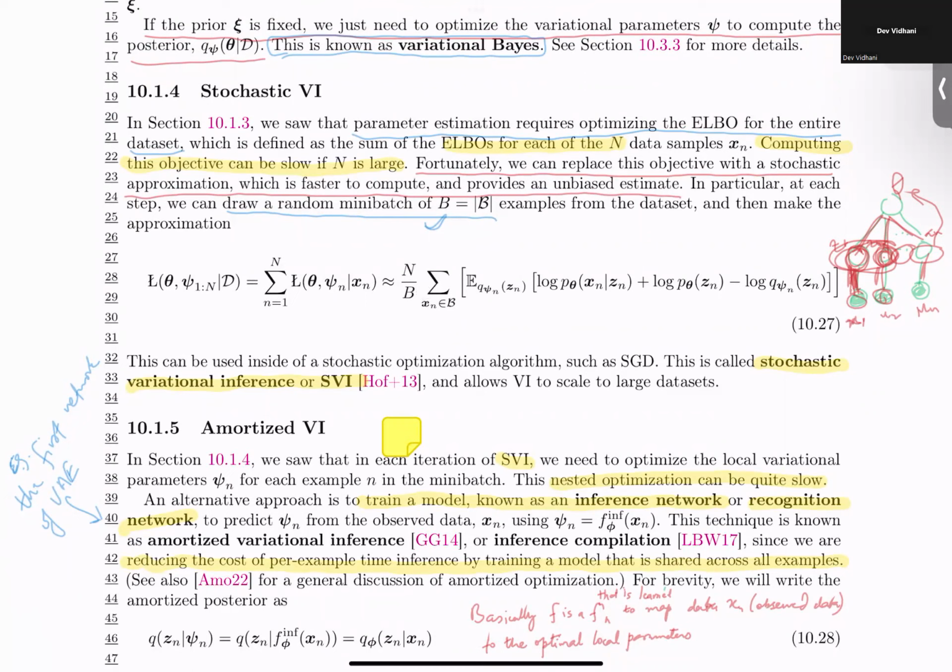They had a very good image describing a stochastic variational inference picture, where the local variables were estimating each of the psis, but then the global variables were being optimized. Instead of one-on-one optimization or estimation of psis for each of the data points, they could be estimated depending on the batch every time.